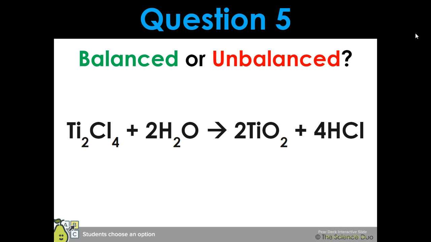And finally, for question 5, you're doing the same thing. I want you to draw the grid. Identify each of the elements and the number of atoms for each element. Look at them and see if they are equal on both sides. If they are, then it's balanced. If it's not, then it's unbalanced.